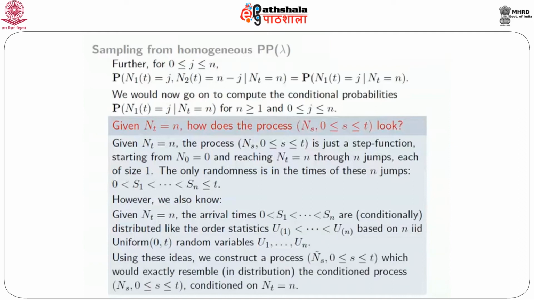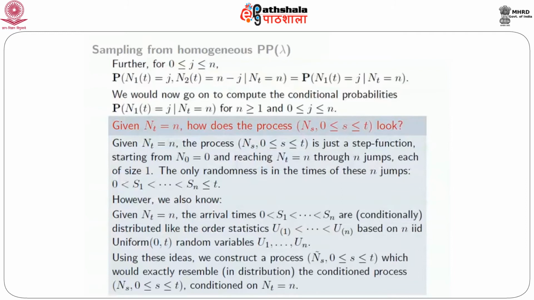However, we learned before that given N_t equal to n, the arrival times S1 up to S_n are conditionally distributed like the order statistics U_(1) up to U_(n) based on n IID uniform 0 to t random variables U1, U2, ..., Un.